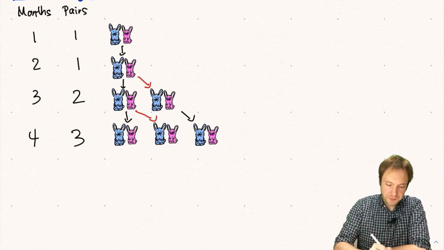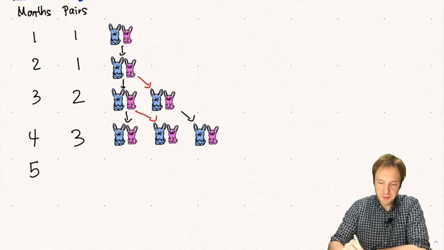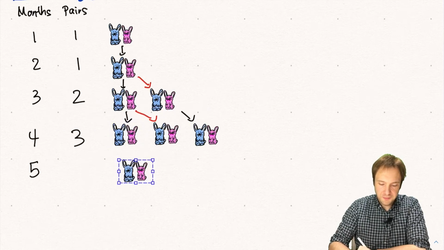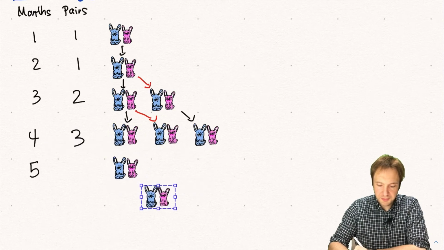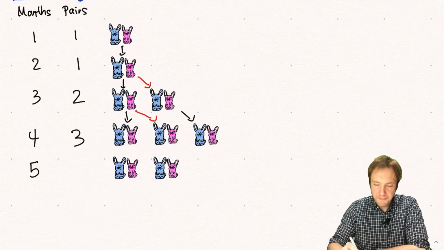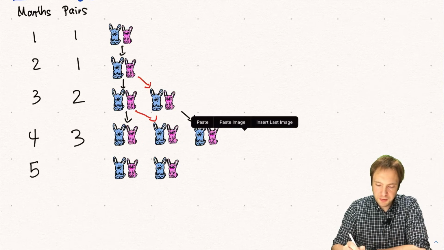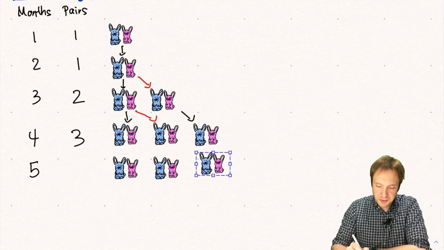And now, after 5 months, well, our original pair of bunnies survive, but they also reproduce. And this pair of bunnies they made last time are not old enough yet to make new bunnies, so they just survive.